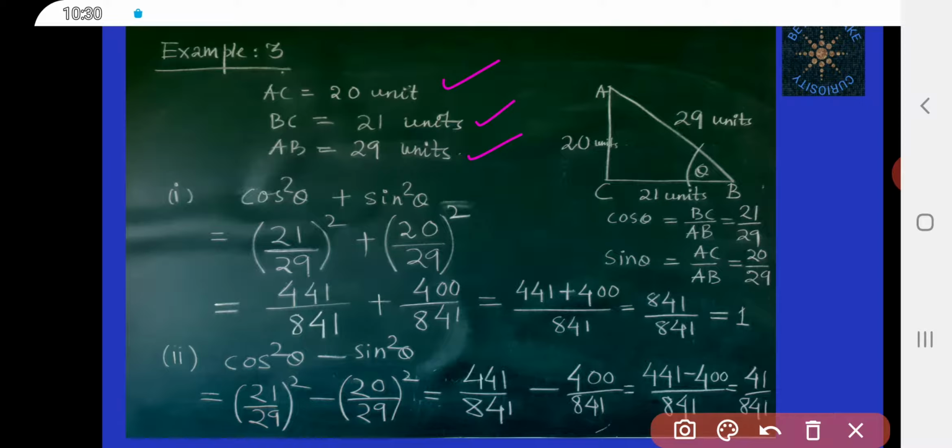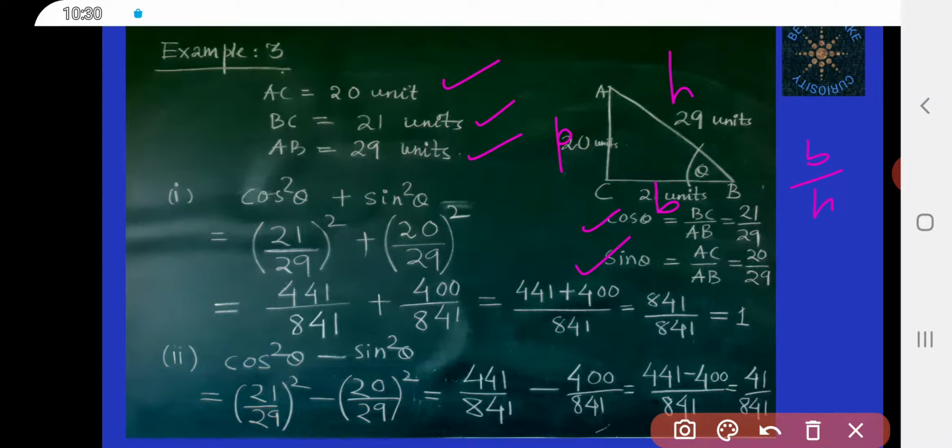And now we got the three sides of the triangle, and now we can find cos theta and sin theta. And you know cos is B by H, here B is your BC, P is AC, and AB is the hypotenuse.